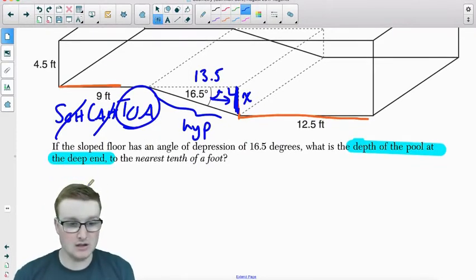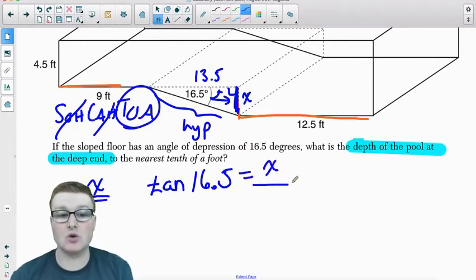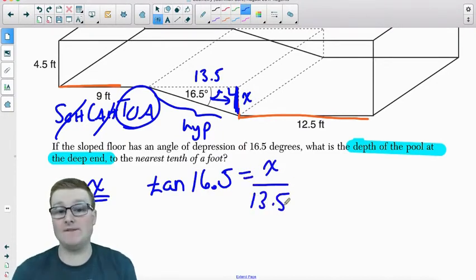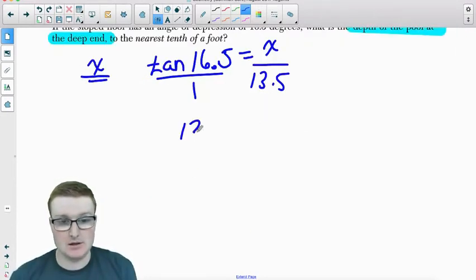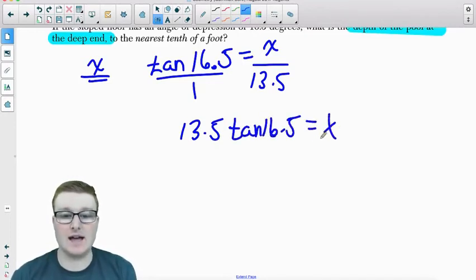Let's solve for x. The tangent of 16.5 degrees is equal to the opposite side, which is x, over the adjacent side, which is 13.5. We are going to cross multiply this. 13.5 tangent of 16.5 equals x.